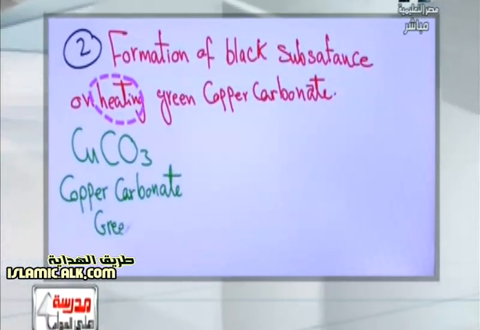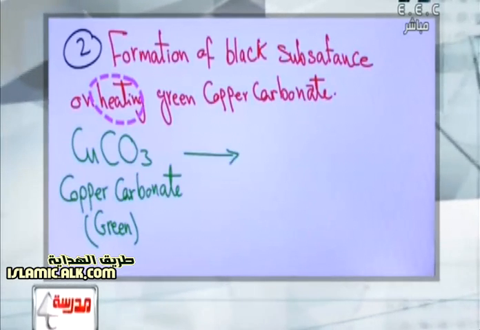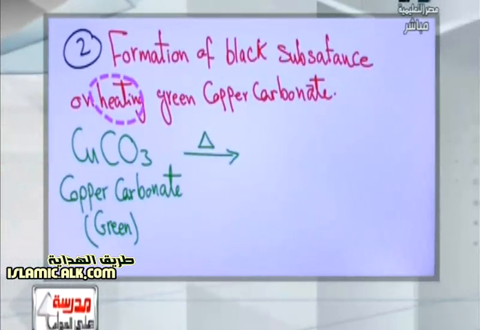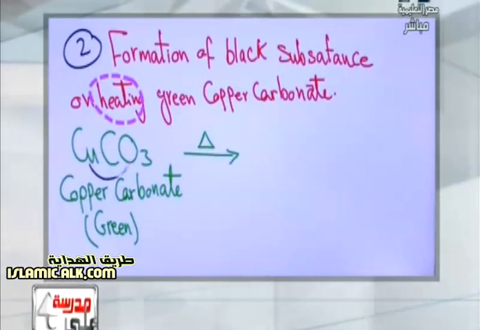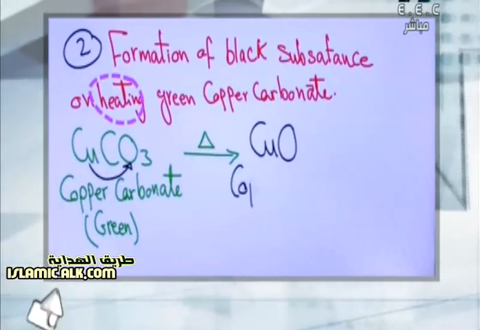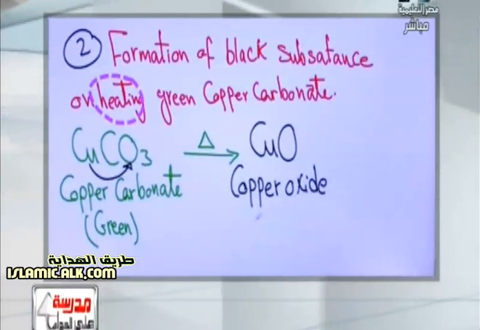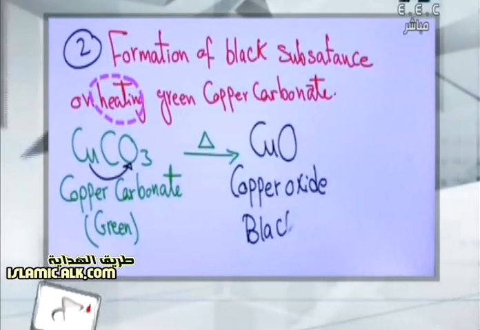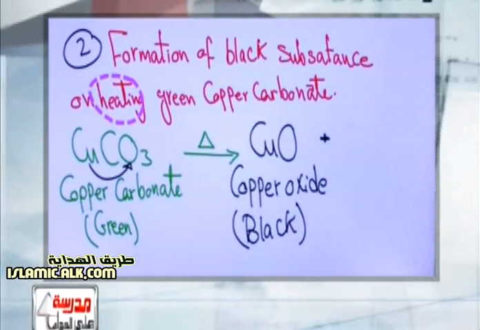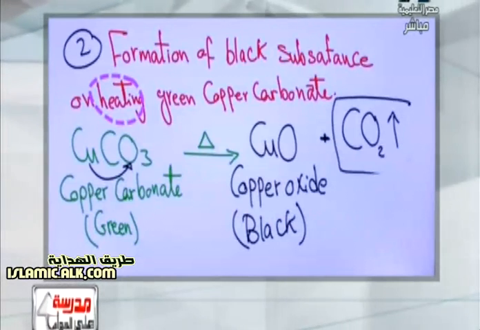Is green. لونه أخضر. Okay, by heating. Why? Because we say what? Thermal decomposition reaction. By heating, triangle, form what? We have what here? Copper oxide. يبقى CuO, copper oxide. Its color is what? Is black. And here we have what? Plus CO2 as carbon dioxide gas evolves.